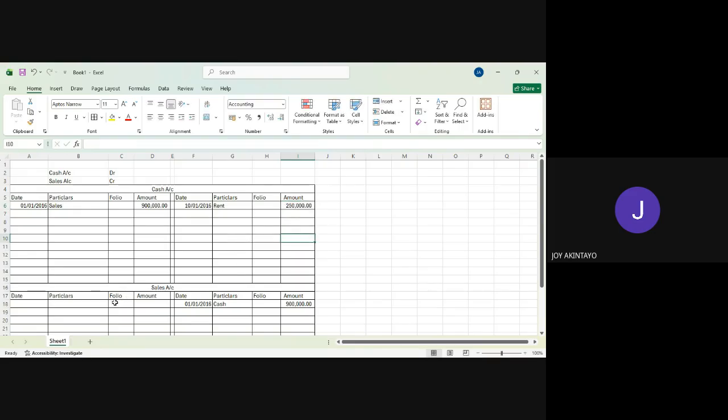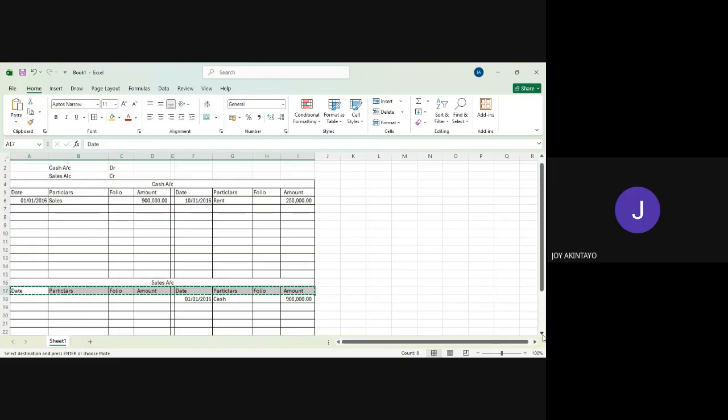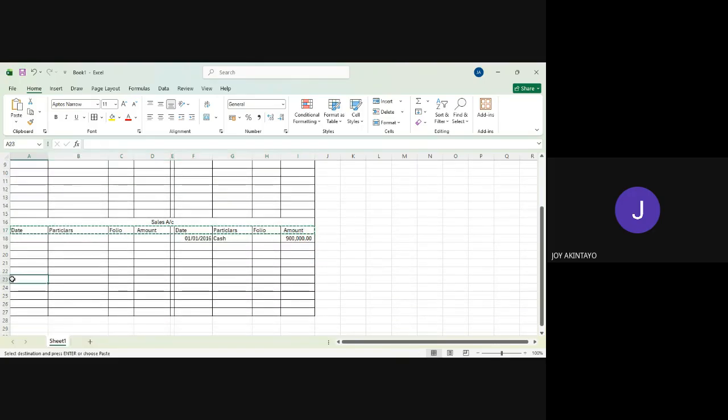Then the corresponding debit entry is coming where? So we have rent accounts.